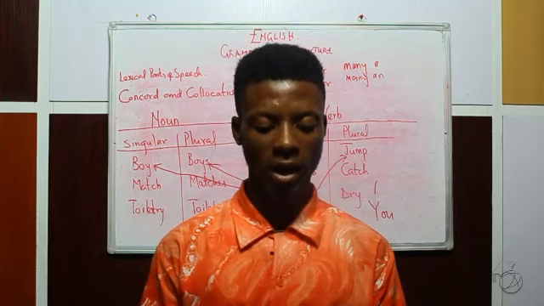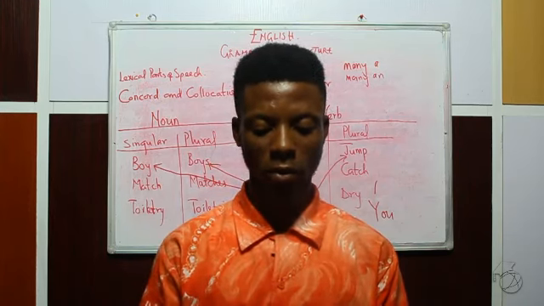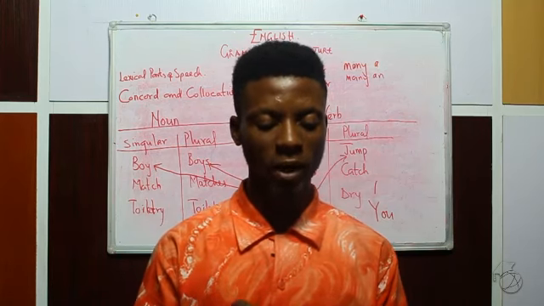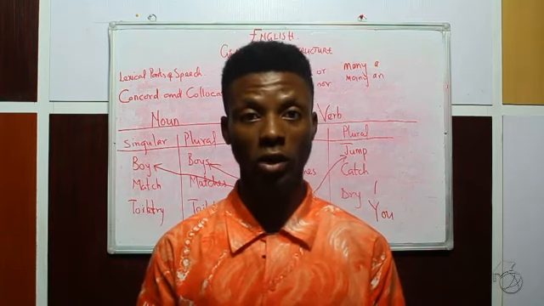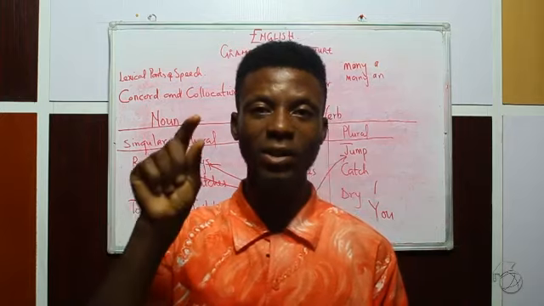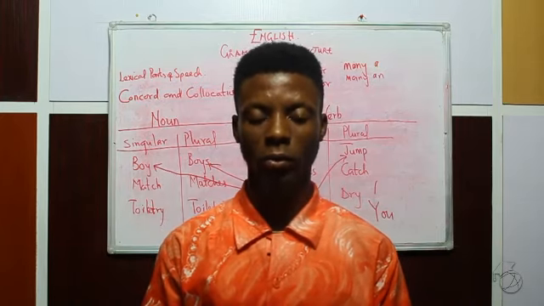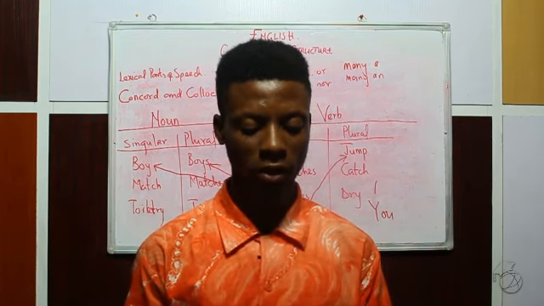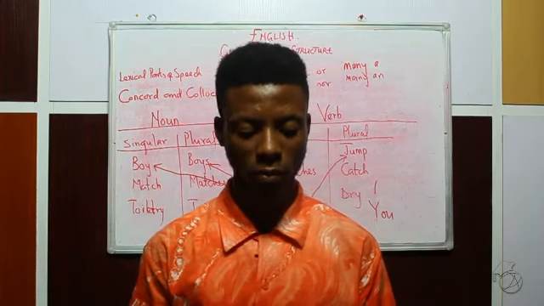Remember, anytime a collective is battalion, then it should be followed by a plural noun, battalion of soldiers, not battalion of soldier. Then a singular verb, has moved to Kano, not have moved to Kano. We do not say a battalion of soldiers have moved to Kano.